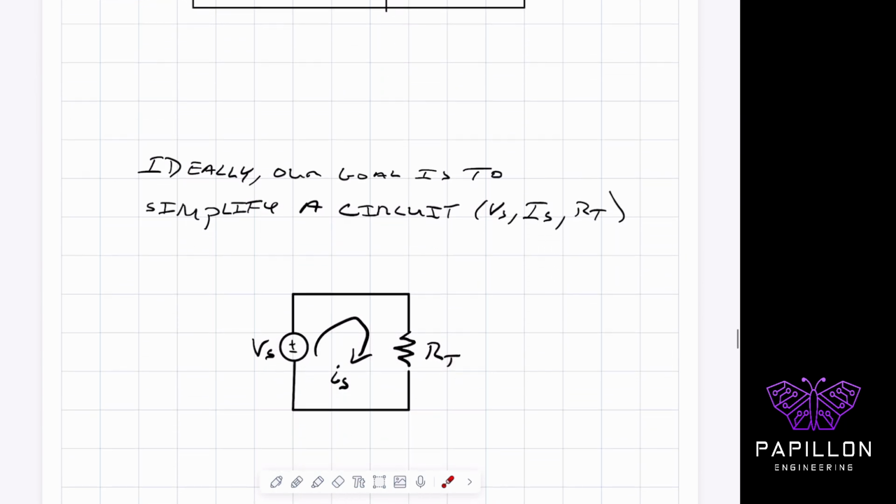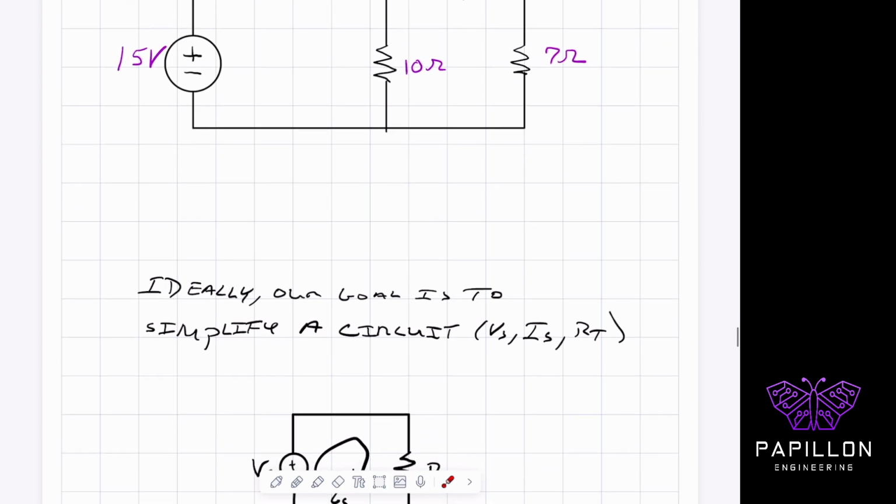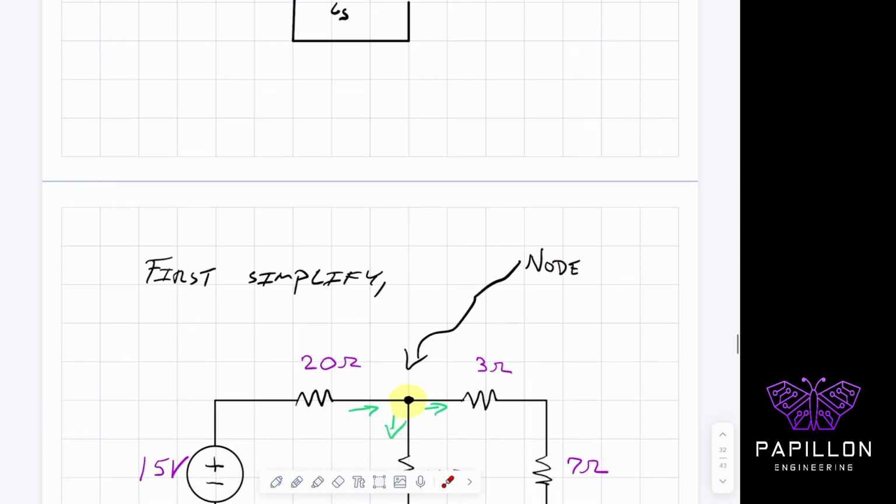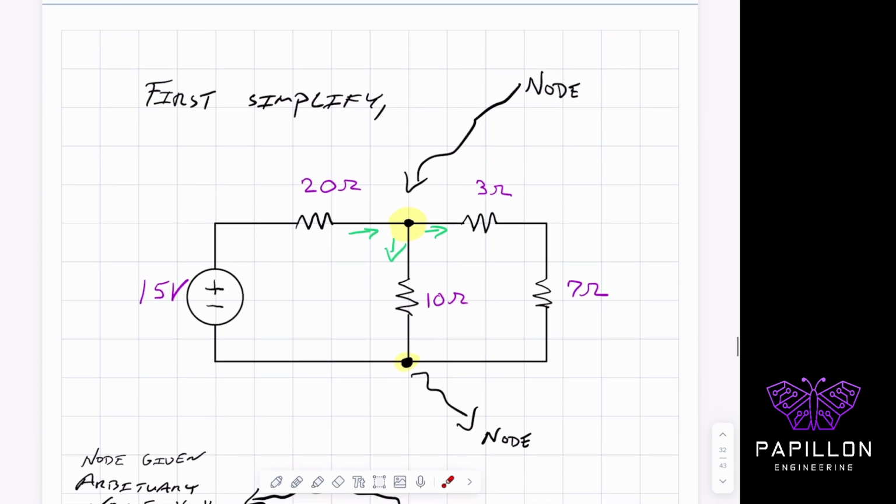Okay, so remember again, we're trying to reduce this circuit from a big circuit to hopefully something ideal, just one source and one resistor and one current source. So to do that, we're looking at this, and now we're going to start adding vocabulary to get a little bit more familiar. So the charge leaves here again, and it splits off.